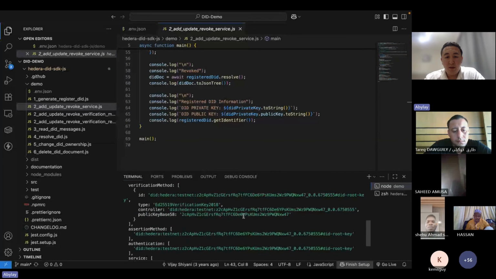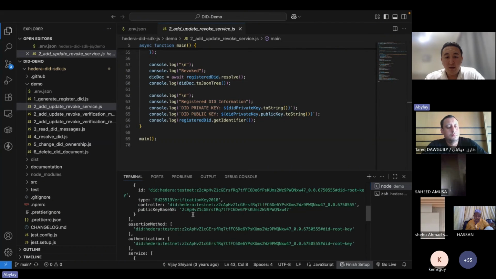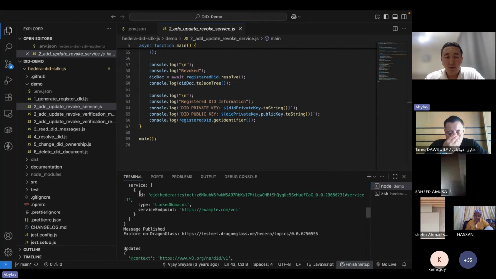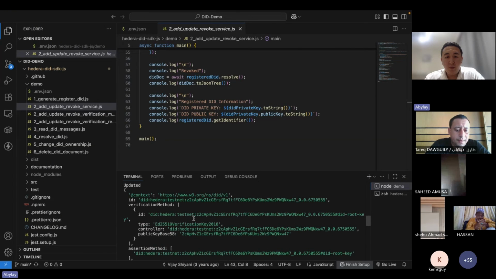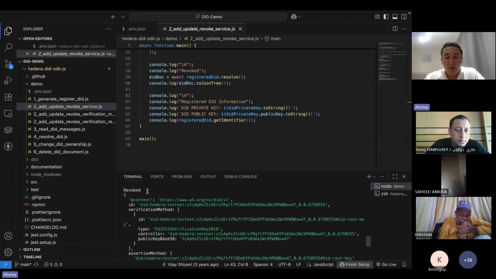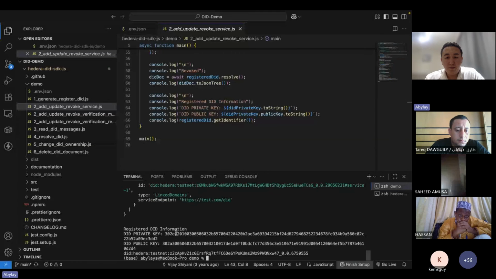Yeah, so it's printing your DID document. You can see the service endpoint is here. We will check it from the Explorer too. It's updated. Now it should be revoked. Yeah, you see, revoke, and so on. So two transactions.